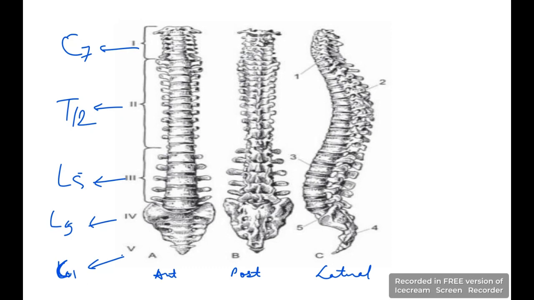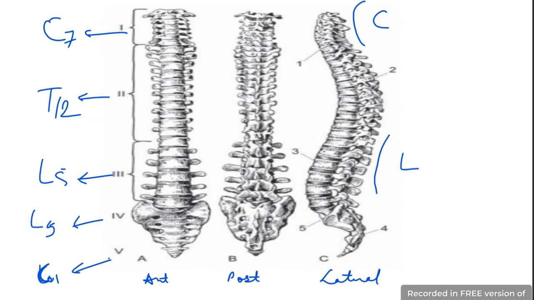This I would explain in the next video also, what the curves of the vertebrae are. Now this which is formed, this is the cervical region, and this one is the lumbar. This cervical and lumbar form a curve called lordosis, and this is the thoracic part and this is the sacrum part.